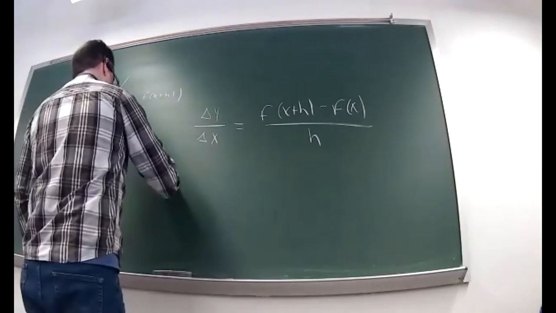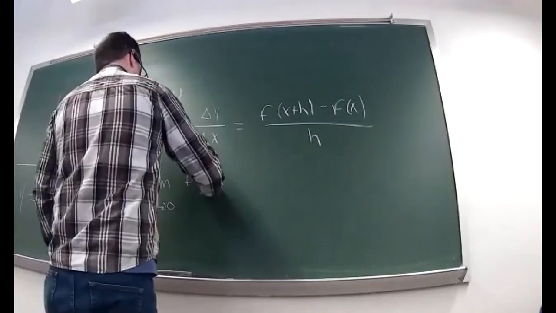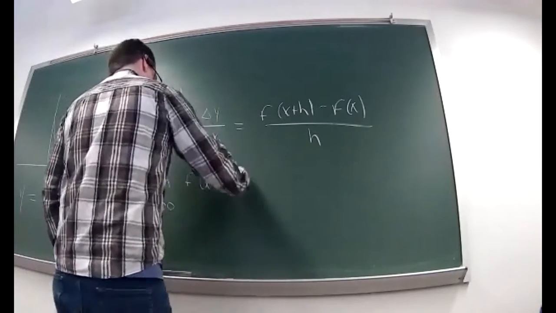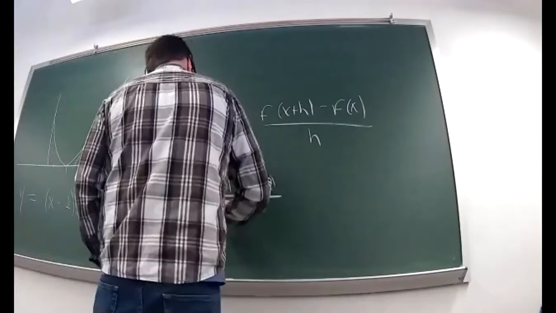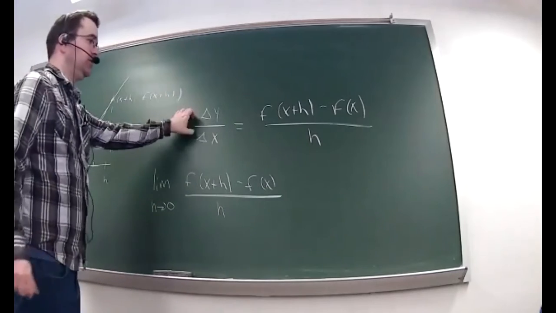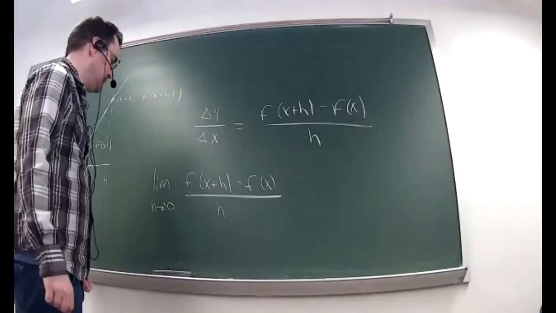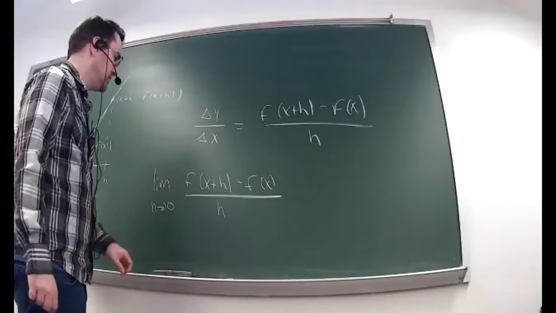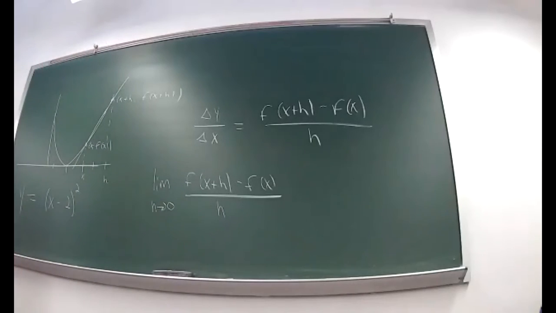So you take the limit as h goes to 0 of the slope of the secant line. And you'll also hear this being called a difference quotient, the limit of the difference quotient as the difference goes to 0. It's another way of phrasing the derivative.